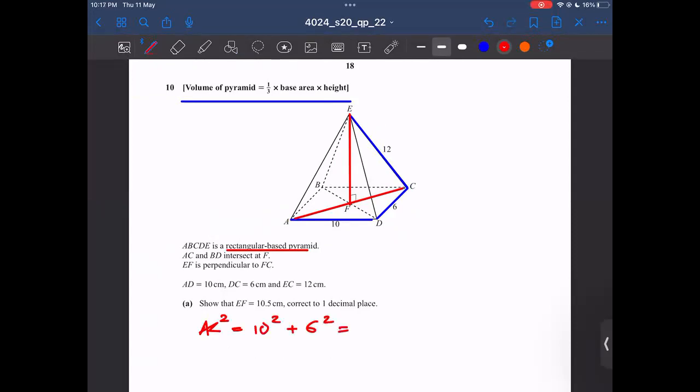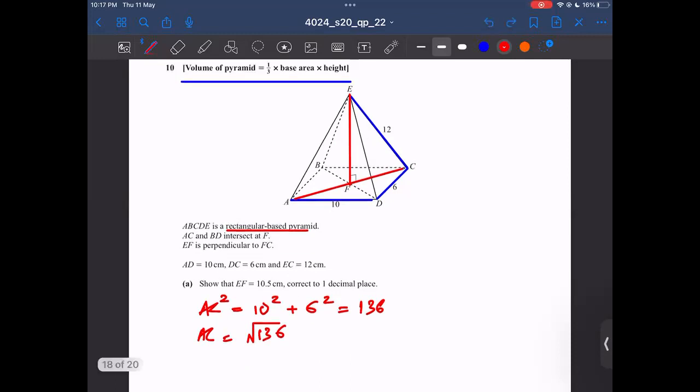It is going to be 136. The value of AC is going to be root 136. If I divide it by 2, root 136 divided by 2, I'll get the answer root 34.